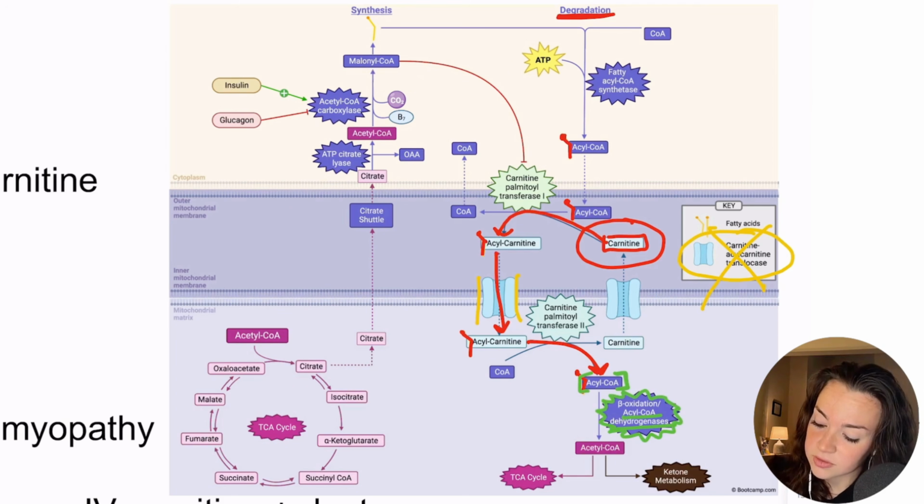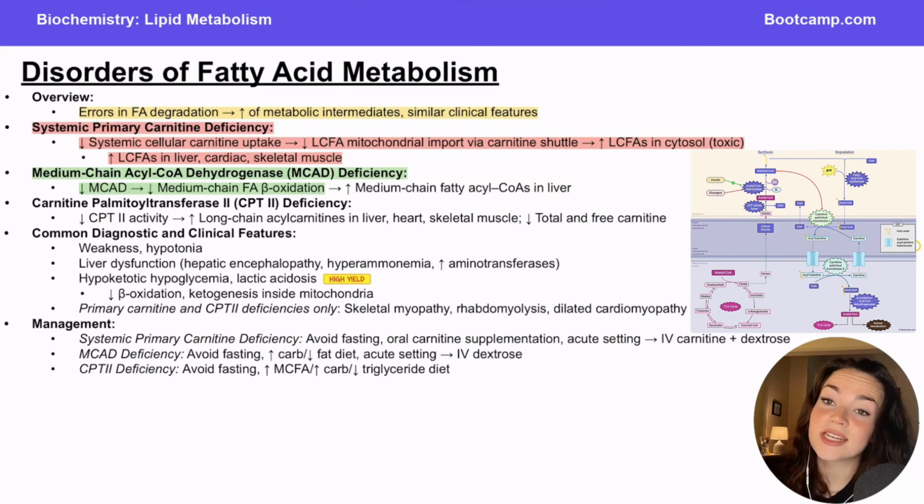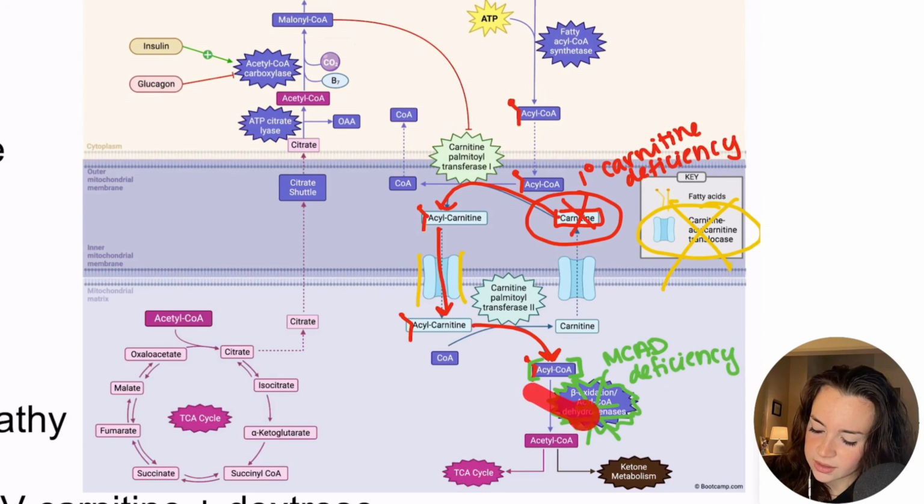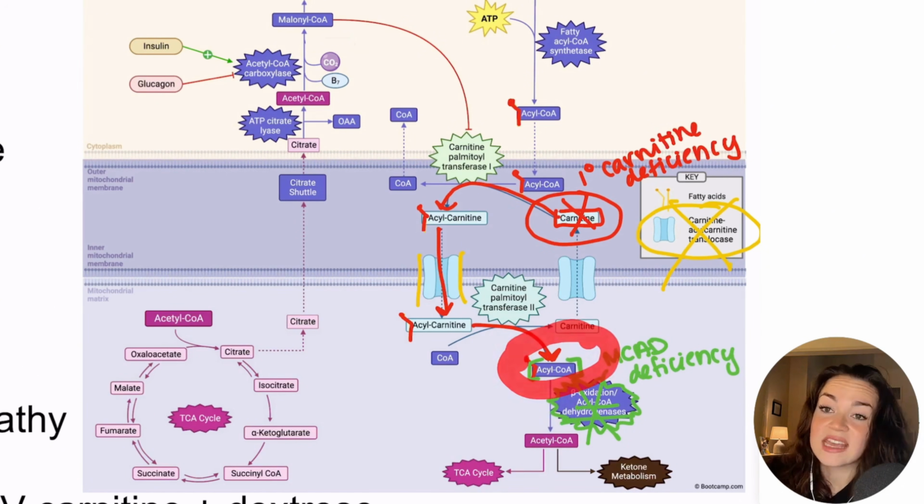In MCAD deficiency, we're going to knock that out for medium chain fatty acids. If we can't break down those medium chain fatty acids via beta oxidation, we're going to get a buildup of medium chain fatty acyl CoAs in the liver. So when we knock out this step, we get a buildup of the upstream intermediate, those medium chain acyl CoAs.